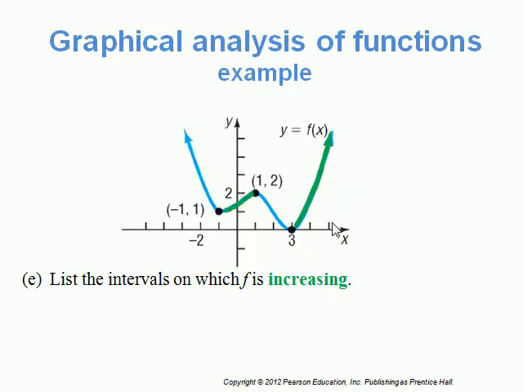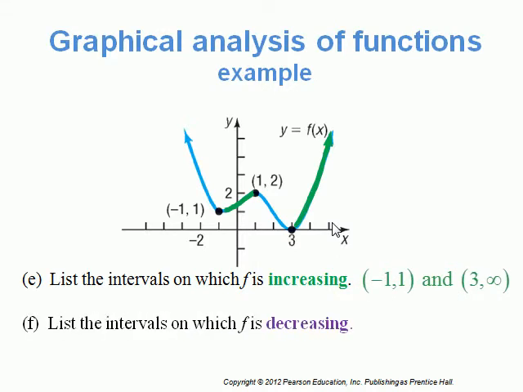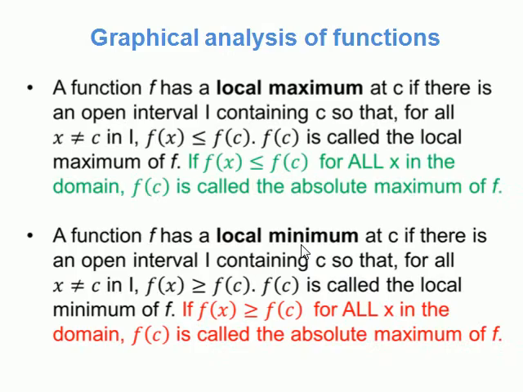So we have the 2 areas where it's increasing, and that's (-1, 1) and (3, infinity). And now for decreasing, we're going to have just our opposite guys. Remember, even though this arrow is going up to the left, we read from left to right. So we have all the way from -infinity down to there, and from 1 to 3. Because remember, we just care about the x's. So those are our intervals. We have no places where we were constant.